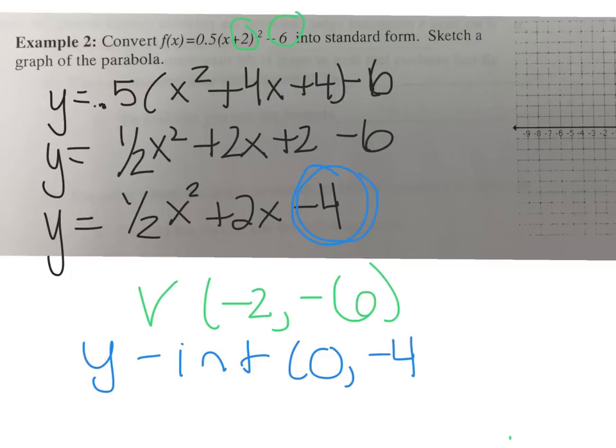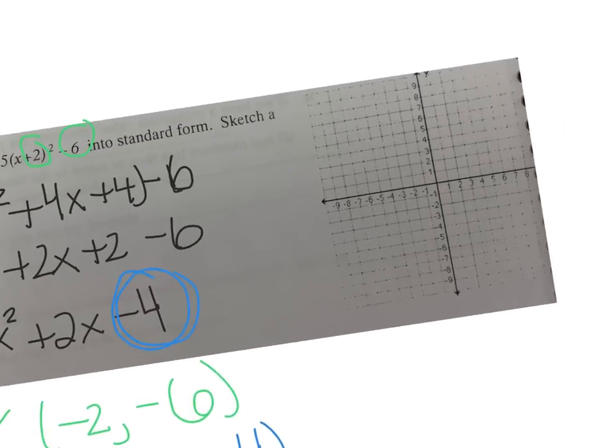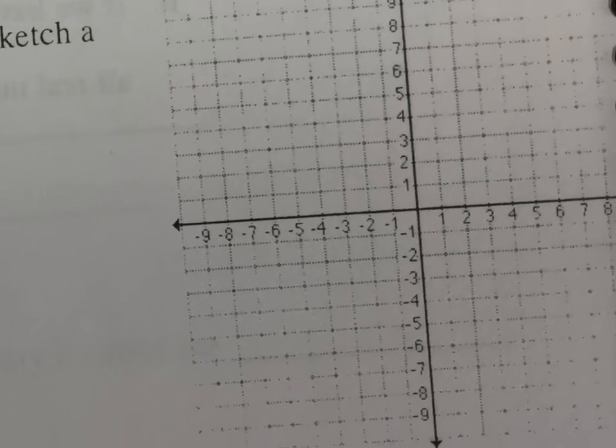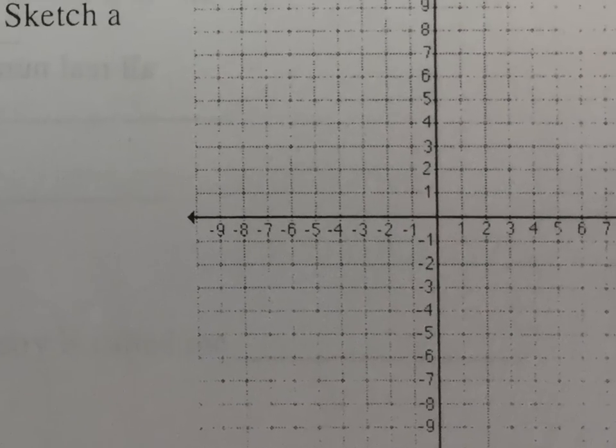So -2, -6 is my vertex. 0, -4 is my y-intercept. So let's see if we can go over here and draw it. So -2, -6 right here is my vertex.